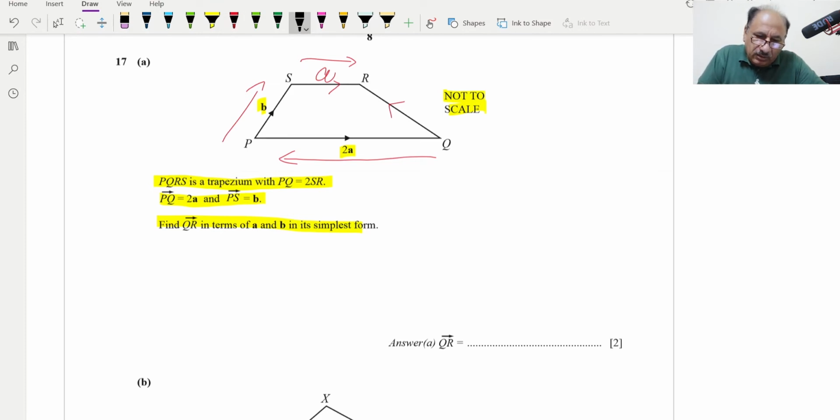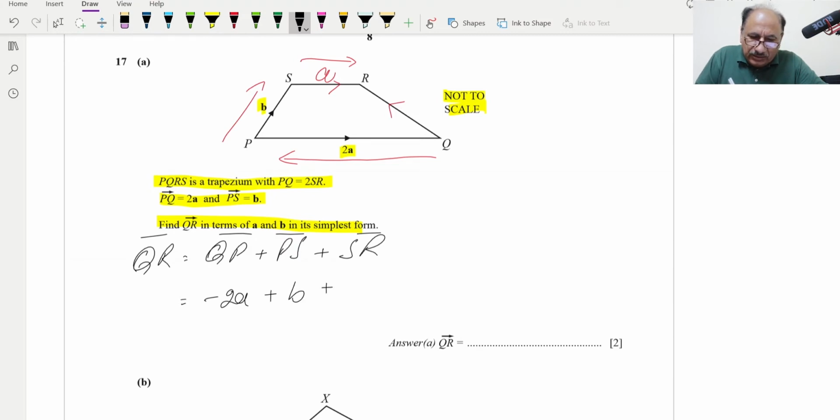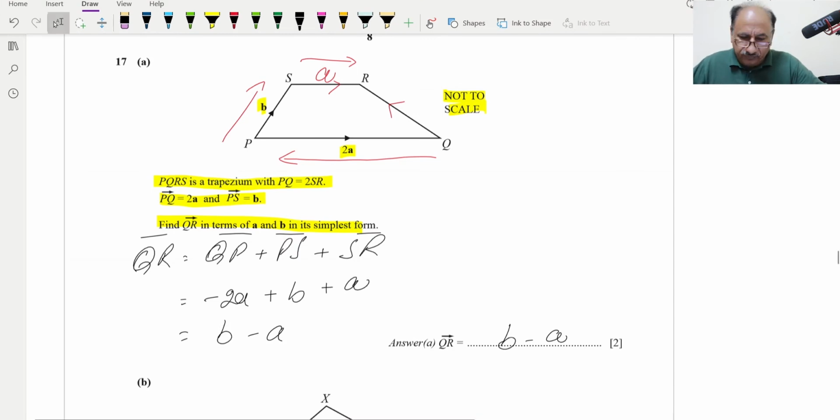So we can write QR is equal to QP plus PS plus SR, and these will be the vectors, and this will be equal to QP is minus 2A plus PS is B plus SR is A, and if we balance this and this we'll get minus A, so we can write B minus A. So B minus A will be the final answer for this one.